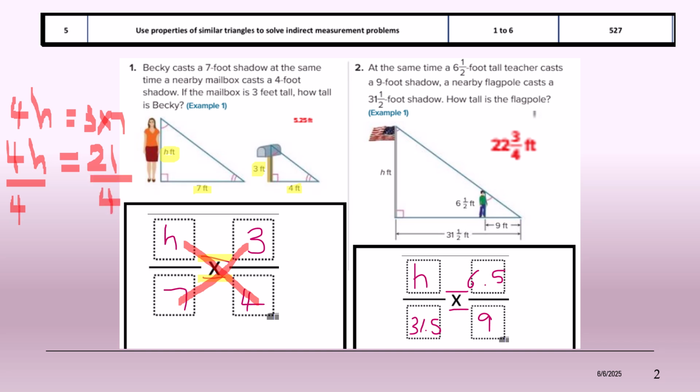We only need the h. So we would cancel the 4 with the 4 and we are left with h. And 4 goes into 21, 5.25 times. So basically, this is the standard formula that you would use to cross multiply.